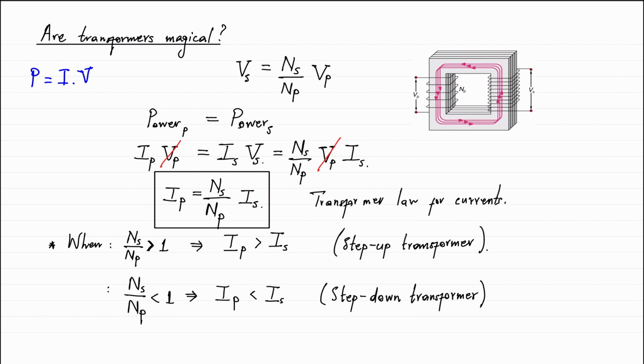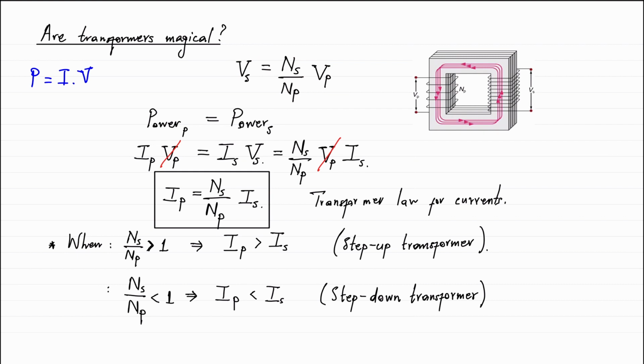This teaches us that the current on the primary side is related to the current on the secondary side through the turns ratio. Notice, now it's the primary current equal to the turns ratio times the secondary current. Compare this with the voltages: the secondary voltage equals the turns ratio times the primary voltage.